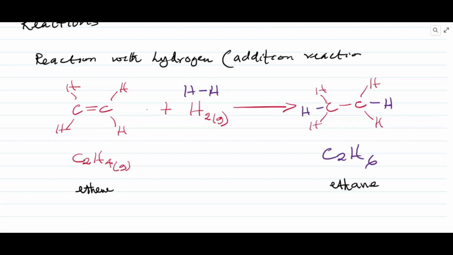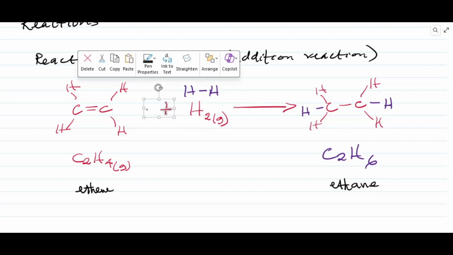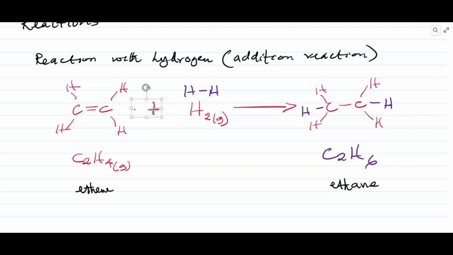There's something I'm leaving out which I must not leave out. That is the presence of a catalyst. This reaction will never happen if there is no catalyst involved. So what is the catalyst used in this reaction? The catalyst is nickel.